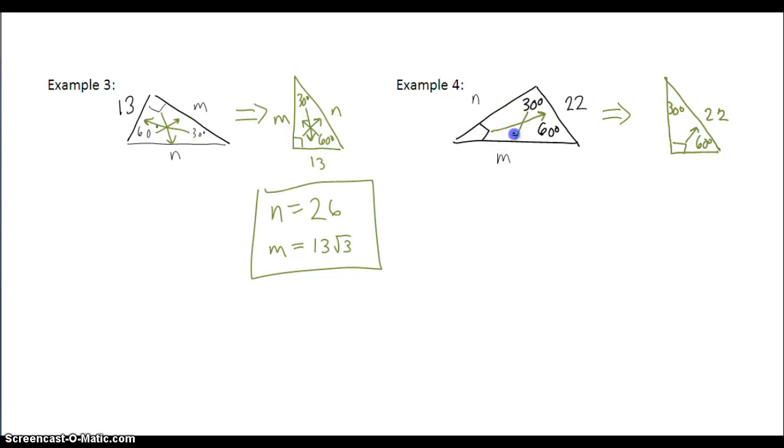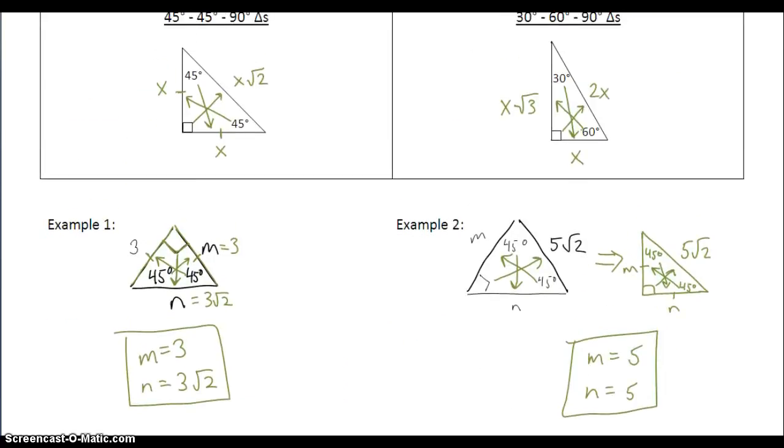Across from my 30-degree angle, my smallest side will be m, and across from my 60-degree angle, my middle side will be n. So in this case, I know my hypotenuse. I know my biggest side is 22. So if this side is 22, that means that x has to be 11.